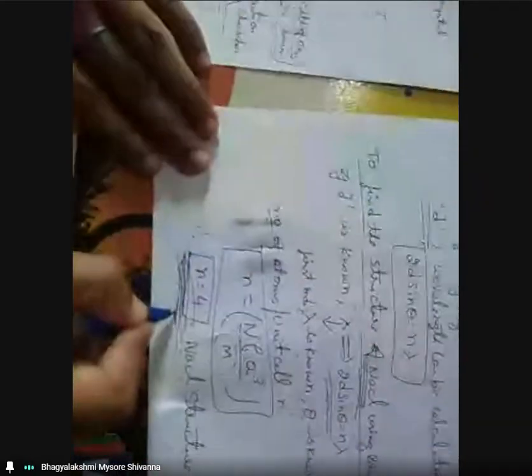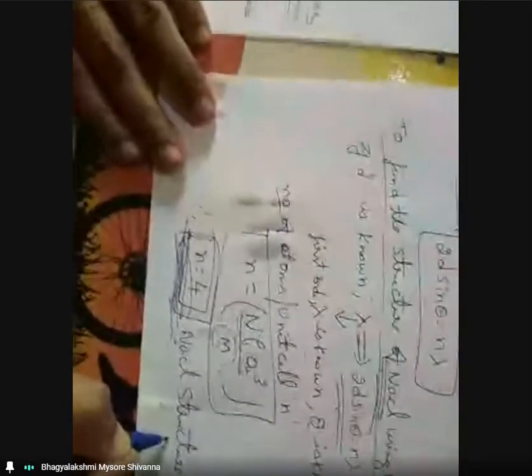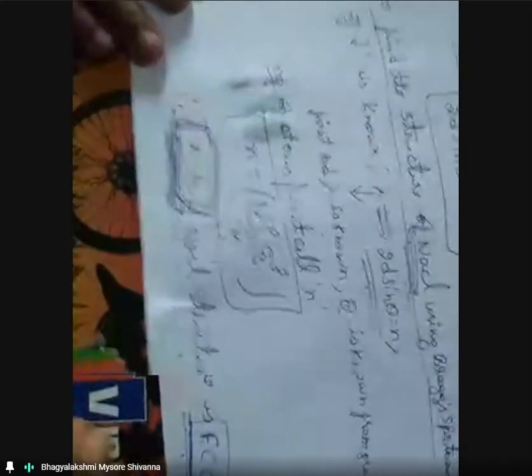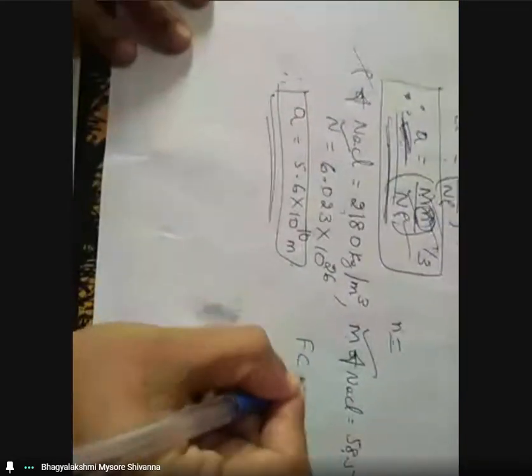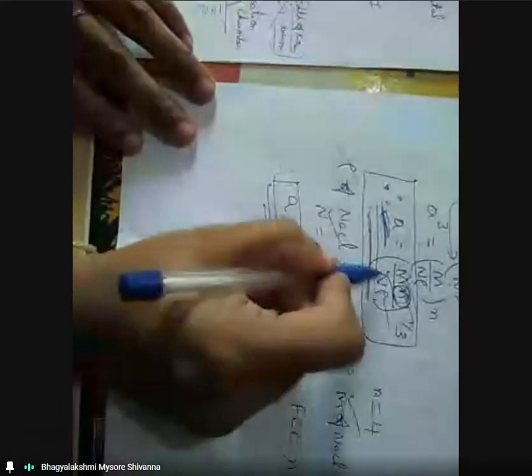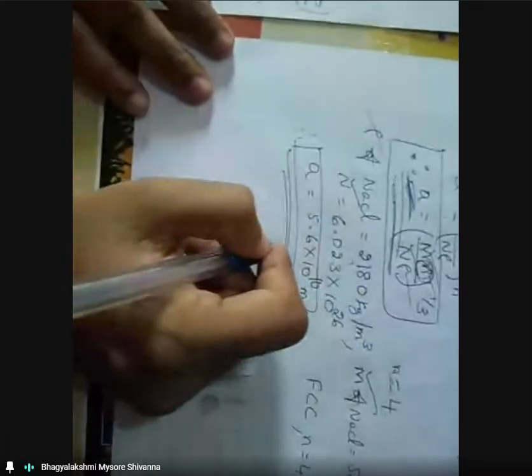In the last lecture, I explained that n is equal to 4 for the NaCl structure. How did we obtain it? It is FCC. When the crystal is FCC, n is equal to 4. So n is equal to 4, and after substituting all these values, we get a.